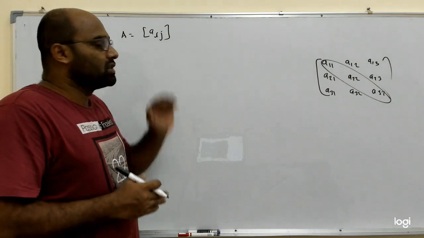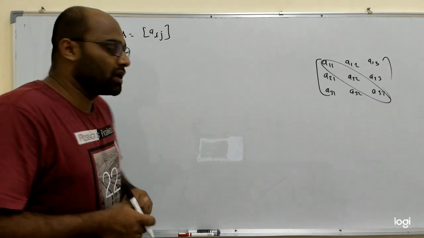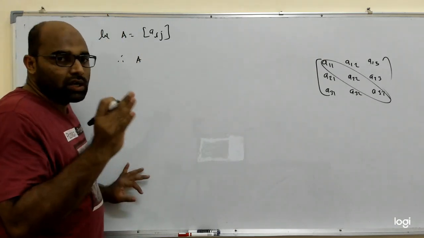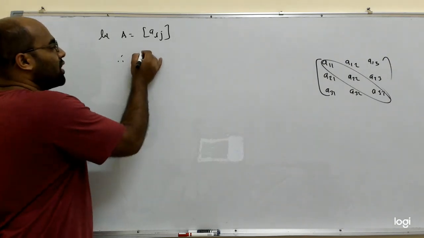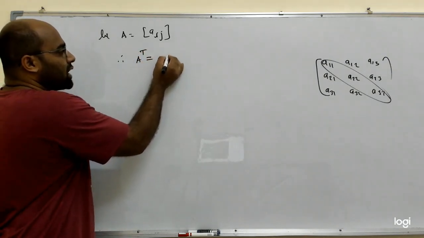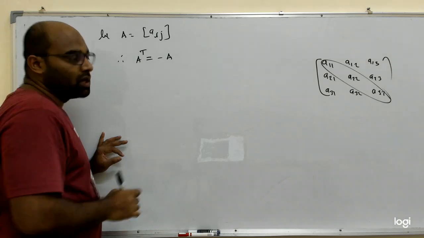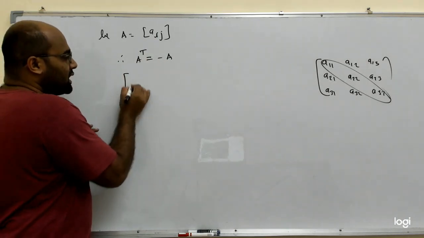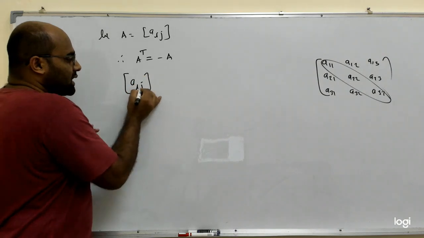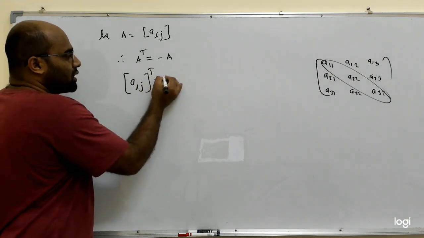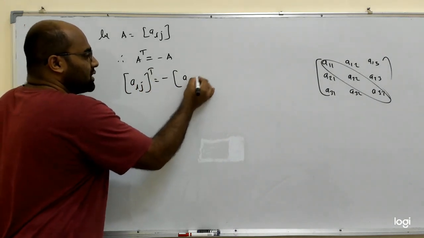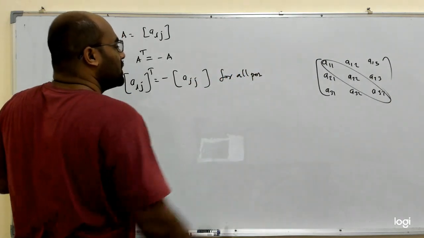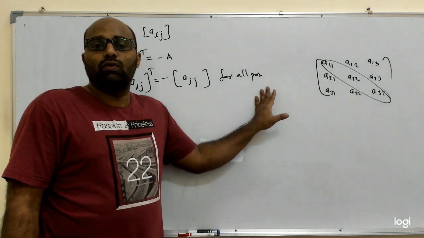So to prove all diagonal elements are 0, already we have this is a skew symmetric matrix. Therefore, given that A is a skew symmetric matrix, what we can say? Just now I told you A transpose equal to minus A. A transpose will be Aij transpose equal to minus of Aij, for all possible values of i and j.